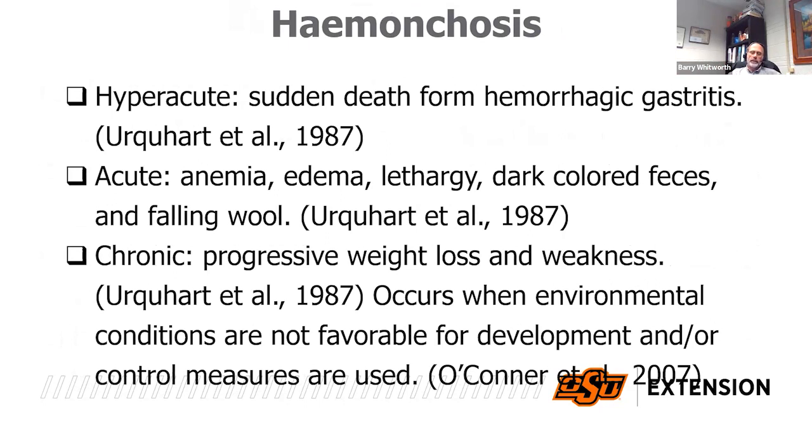These are the ones that if you stress them or something, they'll just fall over and can die rather quickly. Then you've got a chronic where there's some weight loss and weakness. It doesn't happen very fast. This is usually because we're not paying close attention. It happens during the time of the year that we don't think we're going to have problems with worms, or we're not using some control measures like we should.